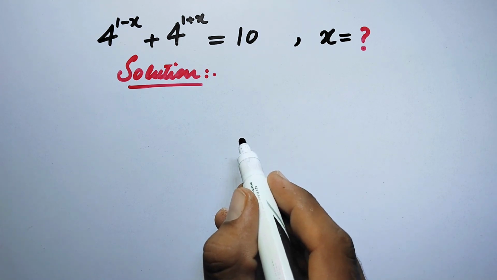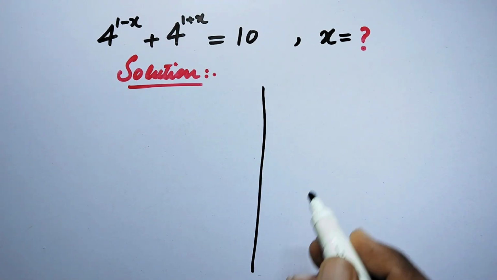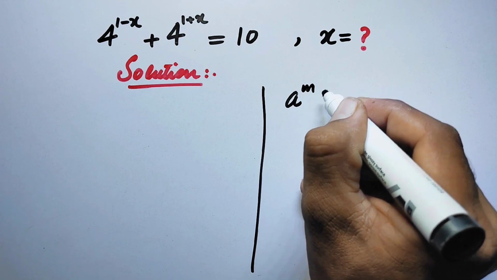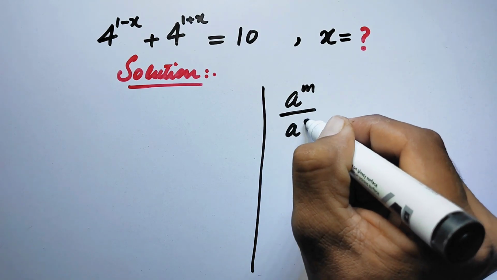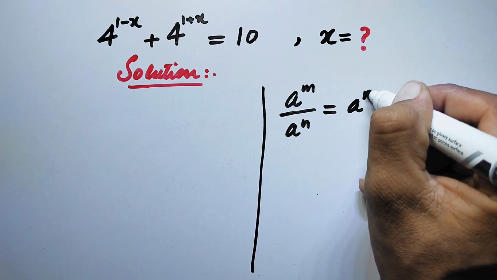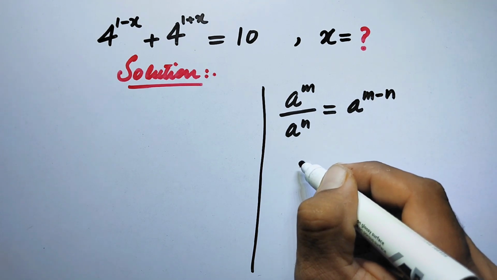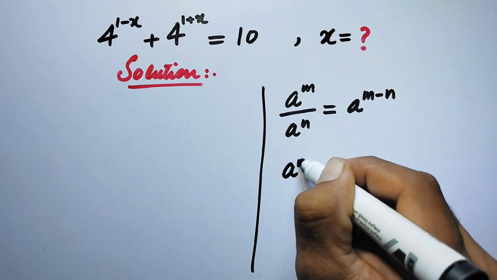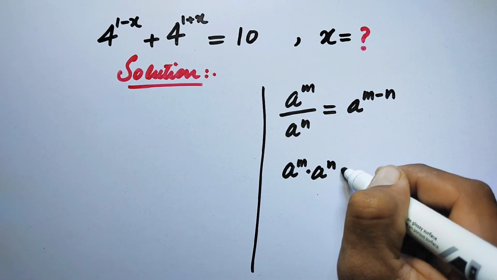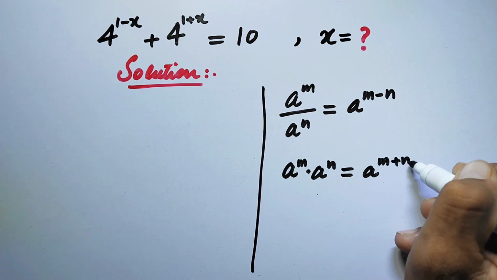So here in the first step we can apply rules of exponents. As we know, a to power m over a to power n is equal to a to power m minus n, and another rule is a to power m times a to power n is equal to a to power m plus n.